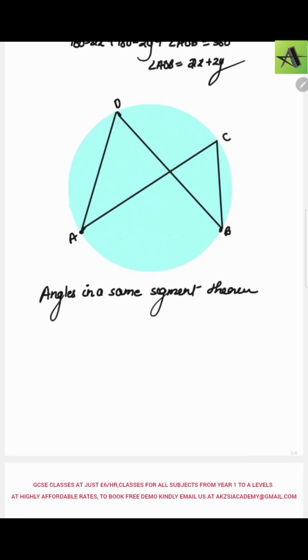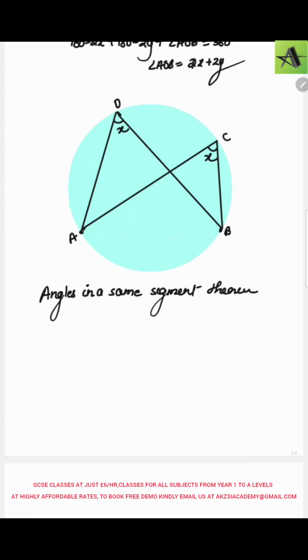So if this angle is x, this angle will also be x, and it doesn't matter wherever they are subtending, all the angles will be equal. So A and B subtending an angle here, definitely this is also going to be x.